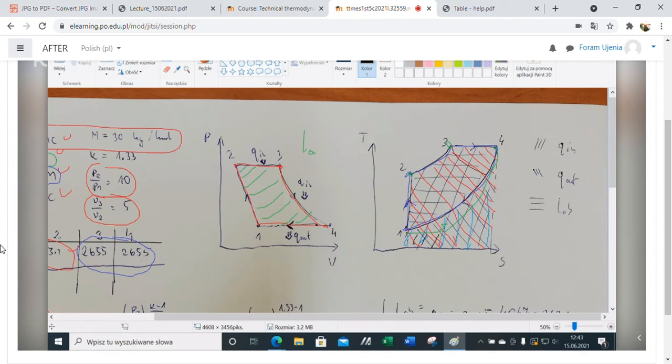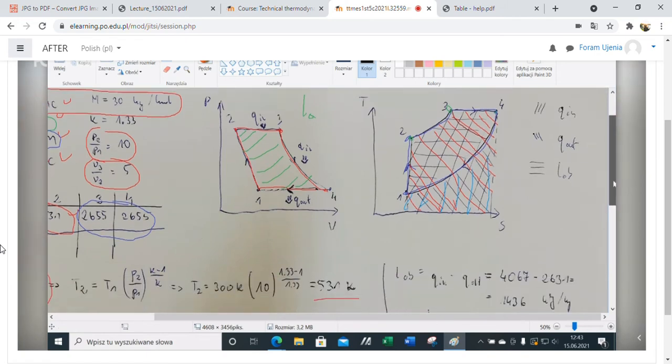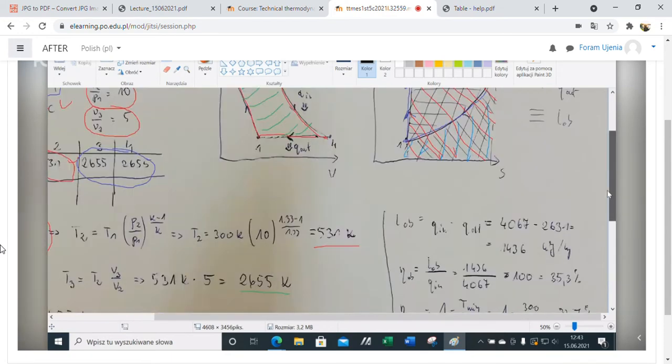So here you have to be very careful about the Q input and Q output, okay? But when we know, we can calculate.